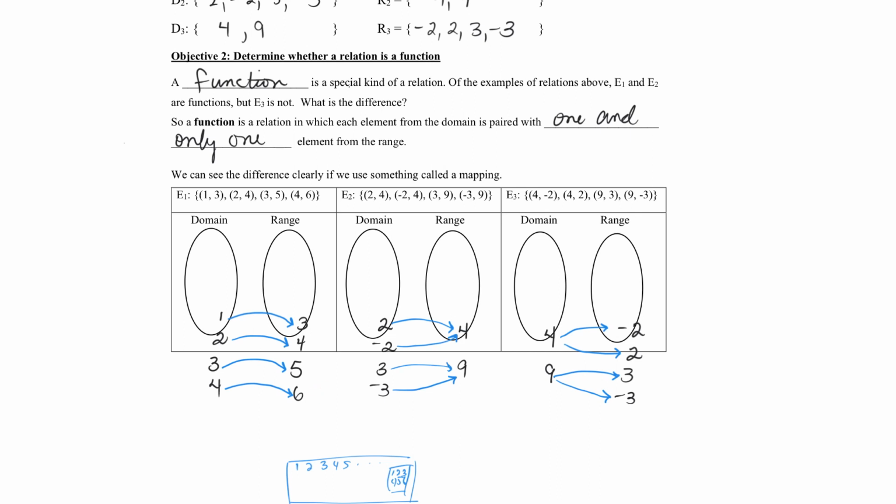And the reason that we care about this is because functions are one of the most important constructs that we use in math, and we use them to model real life functions, right? Like cost or revenue or profit, right?